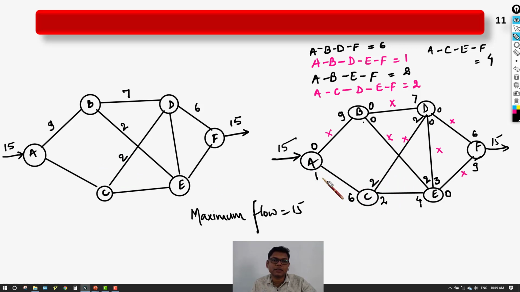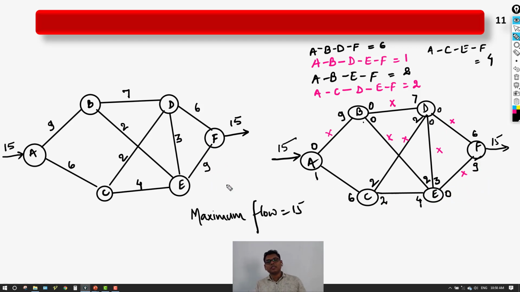On this path total 7, but residual is 1, so 7 minus 1, 6. On this path total 6, but 2 is remaining, so 6 minus 2, 4. Now from here to here total 3, so this is 3 minus 0, 3. E to F, 9 minus 0, 9.